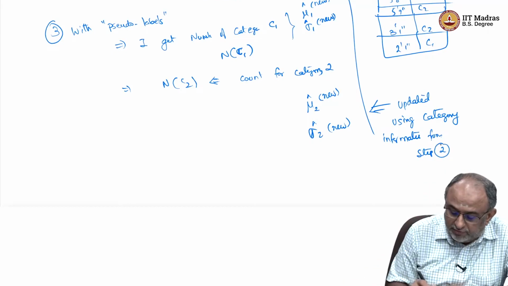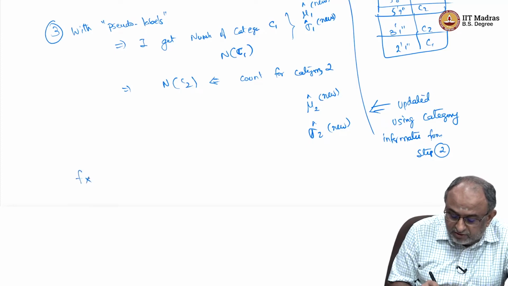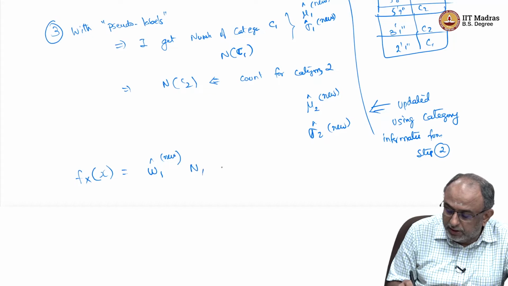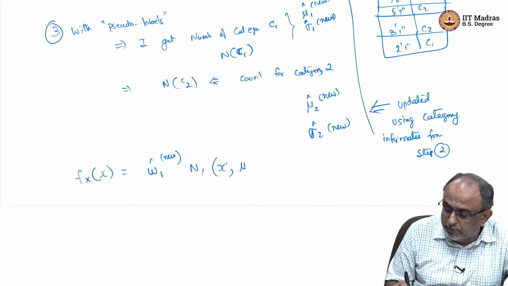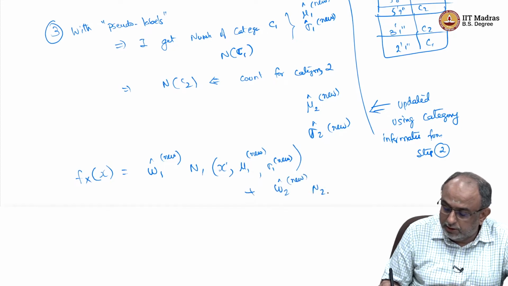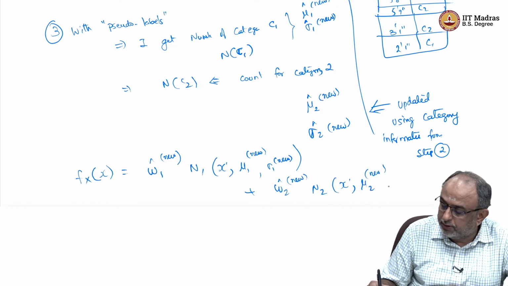Now, I have an updated parameter f(x), which let me call W1 new N1(x; mu1 new, sigma1 new) plus W2 new N2(x; mu2 new, sigma2 new).